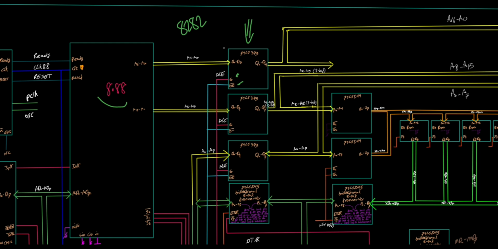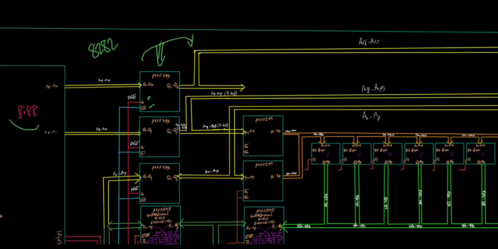So A0 to A19 pass through one set of those latches. The reason I say one set is that we have three latches, each only 8 bits long, so we need three. Therefore, the output we call A0 to A19, and I have drawn it with the yellow wire.